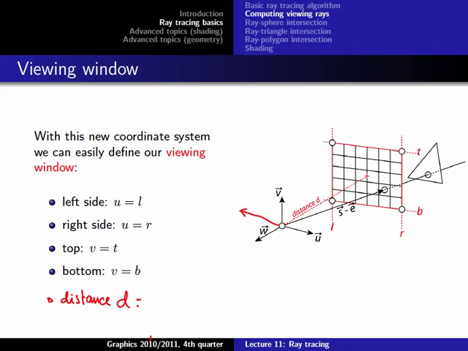That's the distance of the origin of our coordinate system, our viewpoint, to the center of the screen, or of the UV plane to the plane that is defined by the screen. And this d is then minus w, because we're looking in the negative w direction.